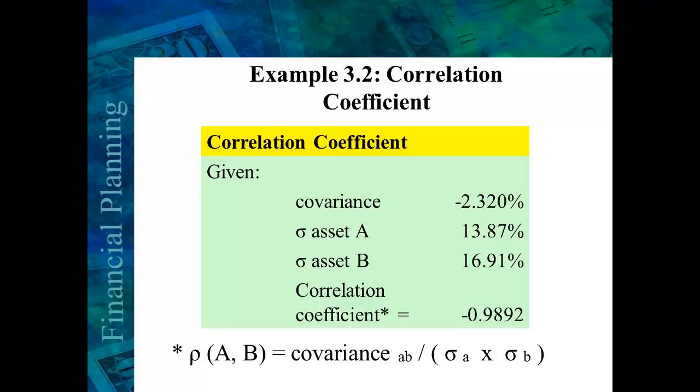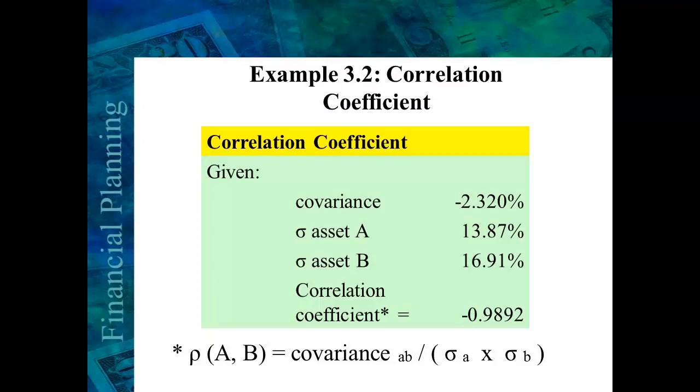You now know that you can solve for the correlation coefficient by using the formula rho of AB equals the covariance of AB divided by the product of sigma A times sigma B. Inputting the variable data, you can find that the correlation coefficient is minus 0.9892.